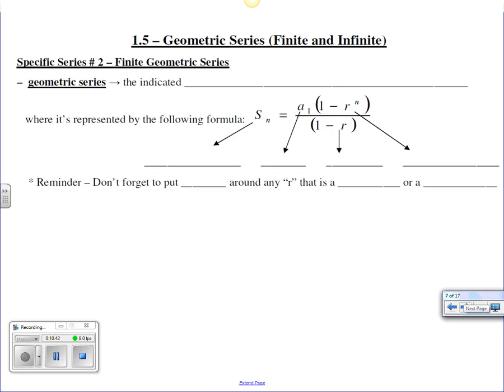All right. A series just means the sum of a sequence. So for these other blanks, what do you think the S is? Sum. What is A1?